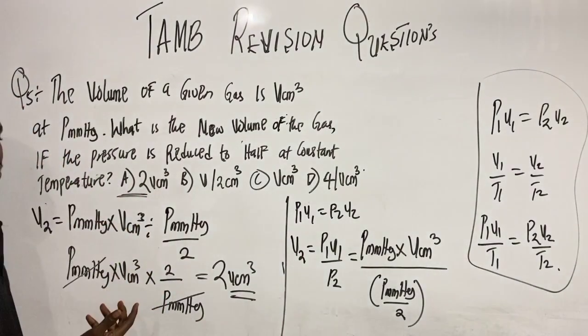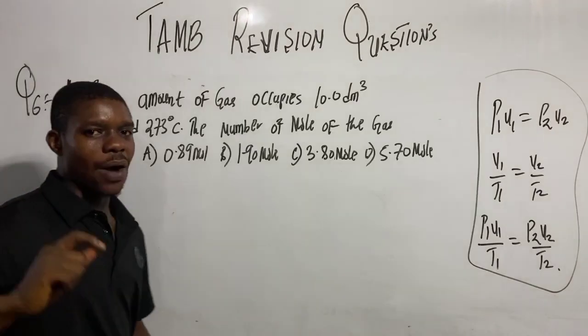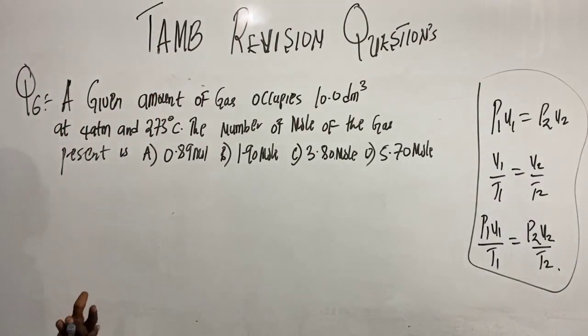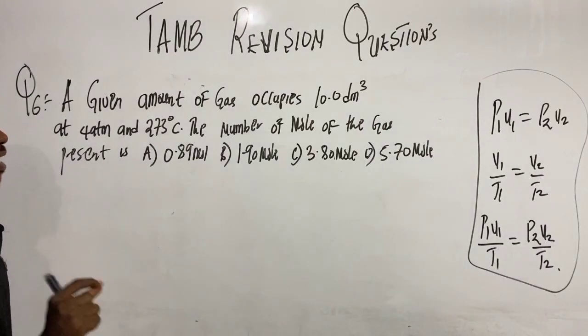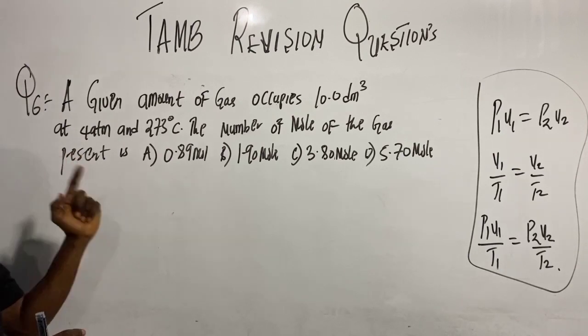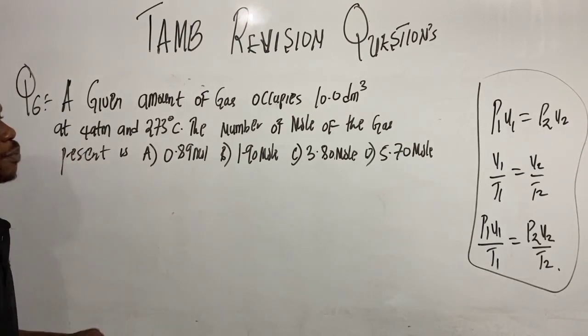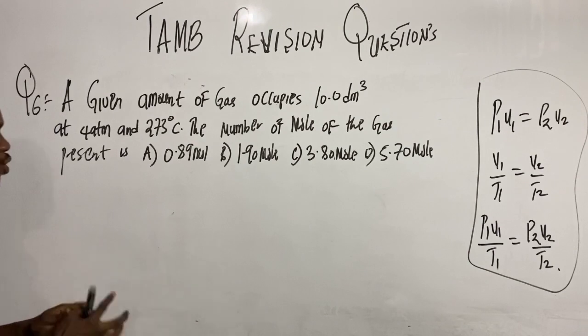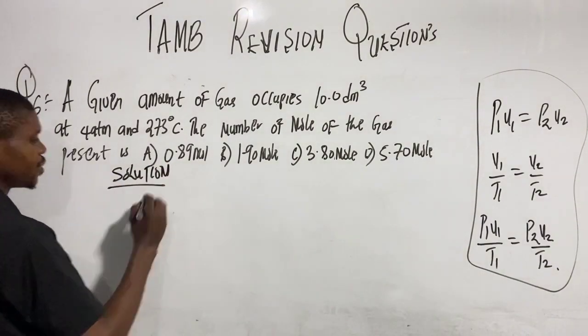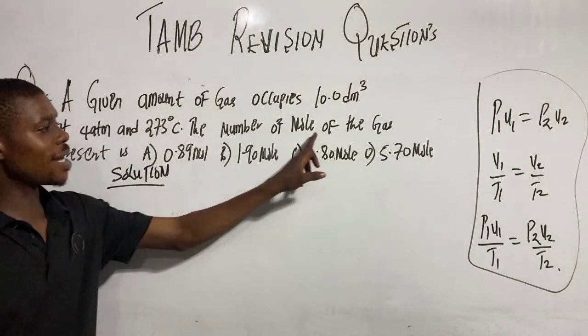So let's move to question 6. A given amount of gas occupies 10.0 dm cube at 4 atm and 273 degrees Celsius. The number of moles of the gas present is blank. Here we have to use the ideal gas equation, because we have the number of moles.